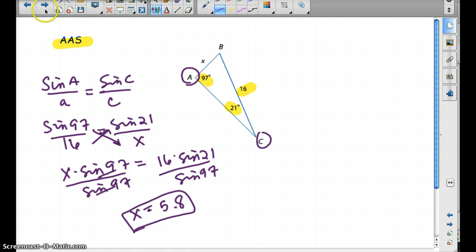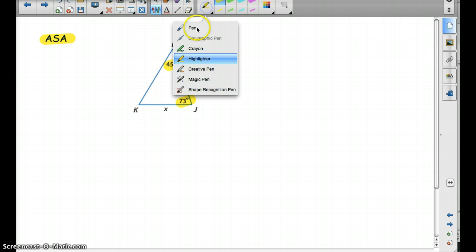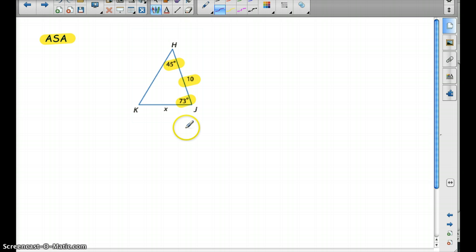All right, let's try another one. Another example of when you can use law of sines is when you have angle, side, angle. So we have an angle, a side, and an angle. And then we can go ahead and set it up. So we have the sine of big H over little h.